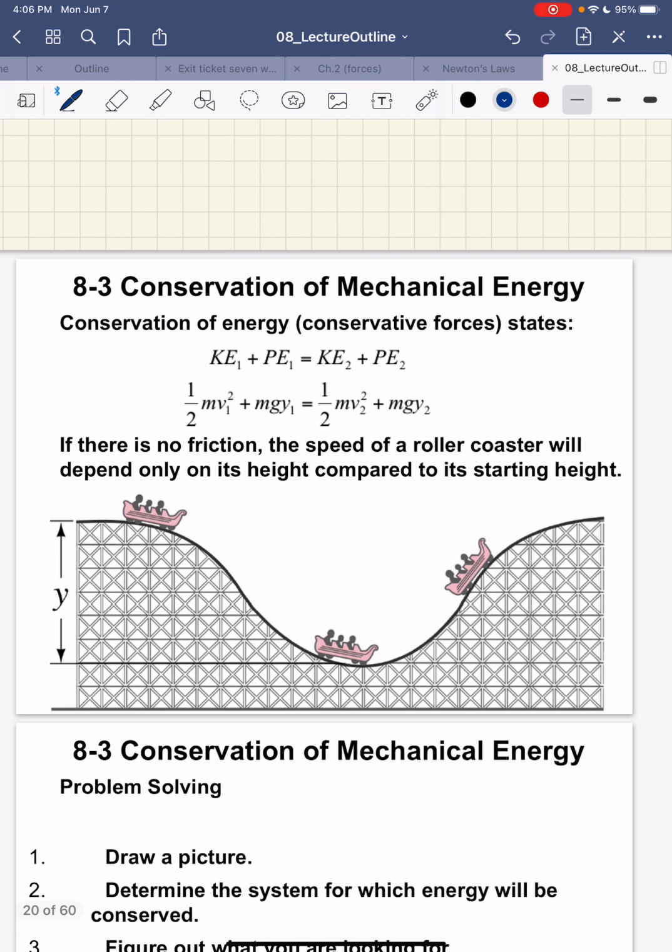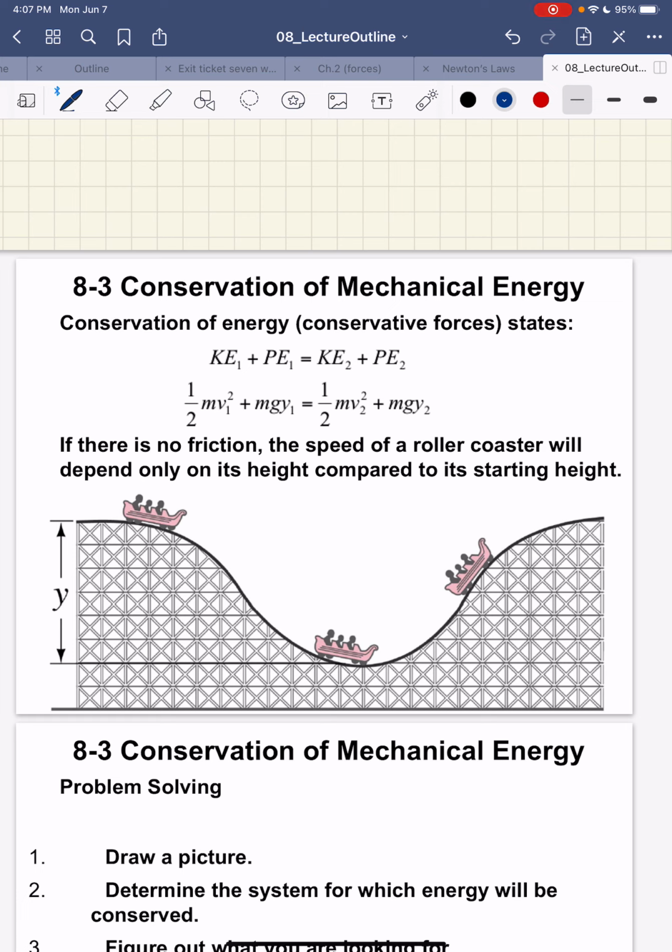Now, one of the most important things that we need to pay attention to is the equation that we are using for potential energy and kinetic energy. For example, if we are talking about a roller coaster where we don't have any friction, then the speed of the roller coaster would depend only on the height compared to its starting height.